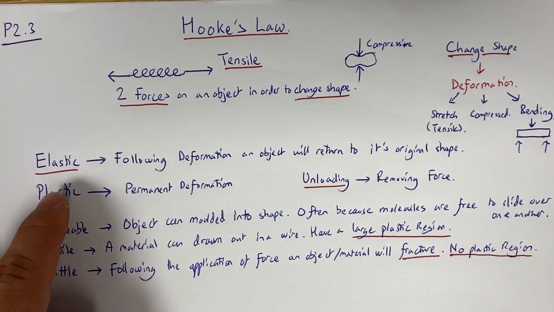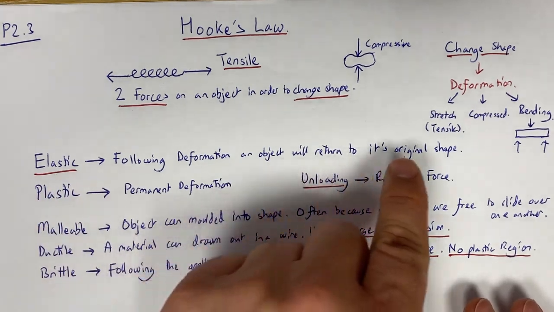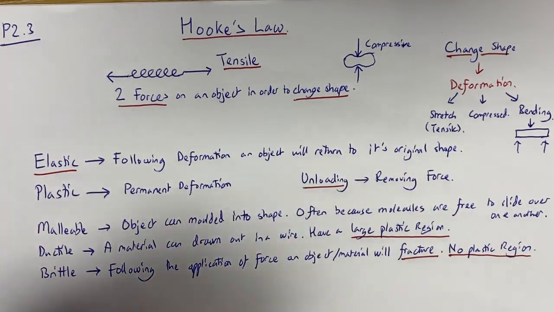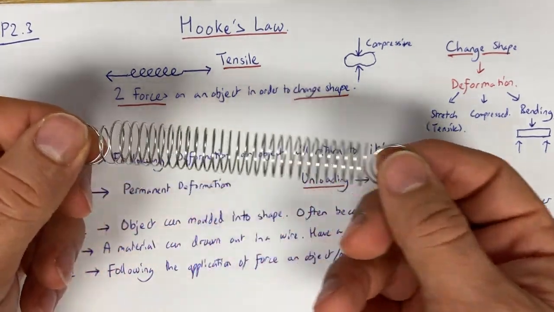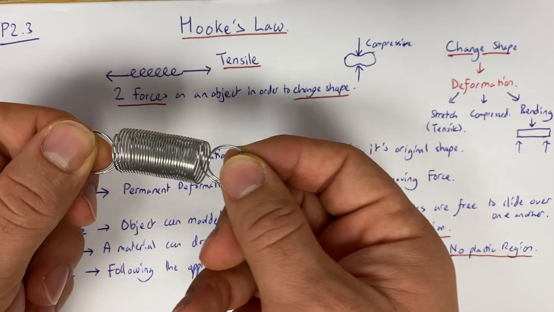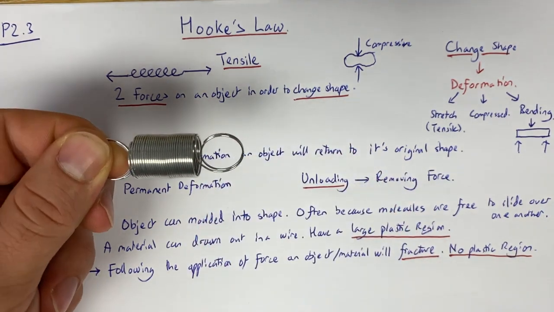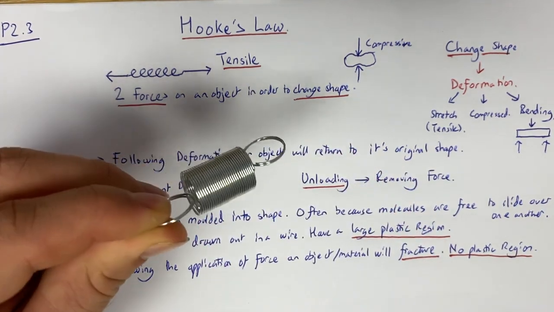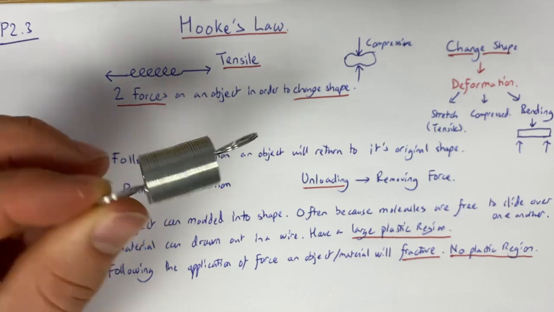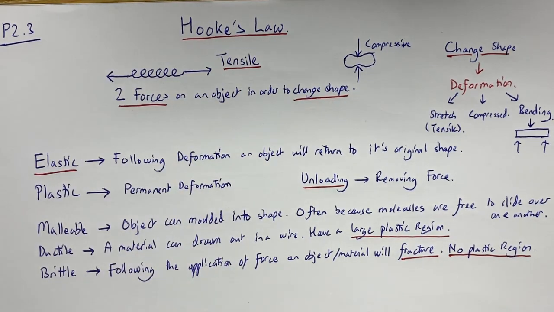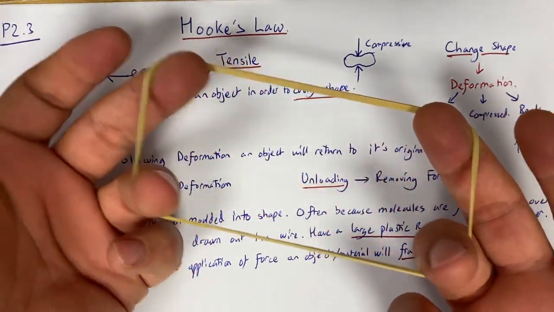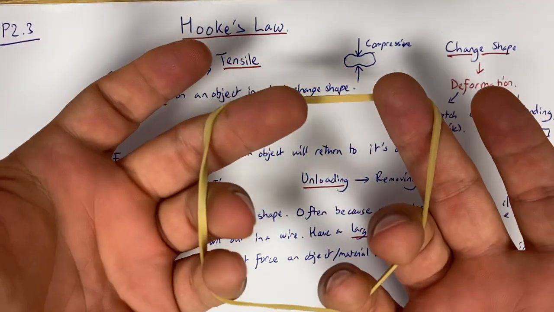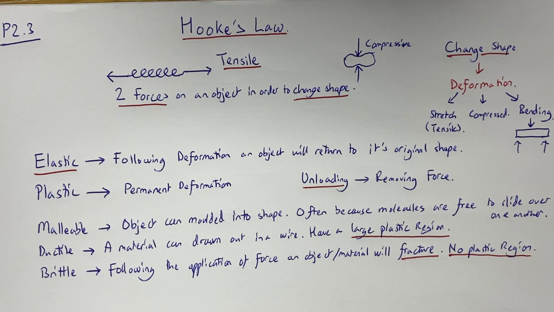So elastic is following deformation, an object will return to its original shape. We can see that again with the spring, that when I apply a force to it and release the force, it returns to its original shape. So in this case, it's behaving elastically. That's why we call them elastic bands. That's what the word means. It means you apply a force, it returns to its original shape, following unloading.